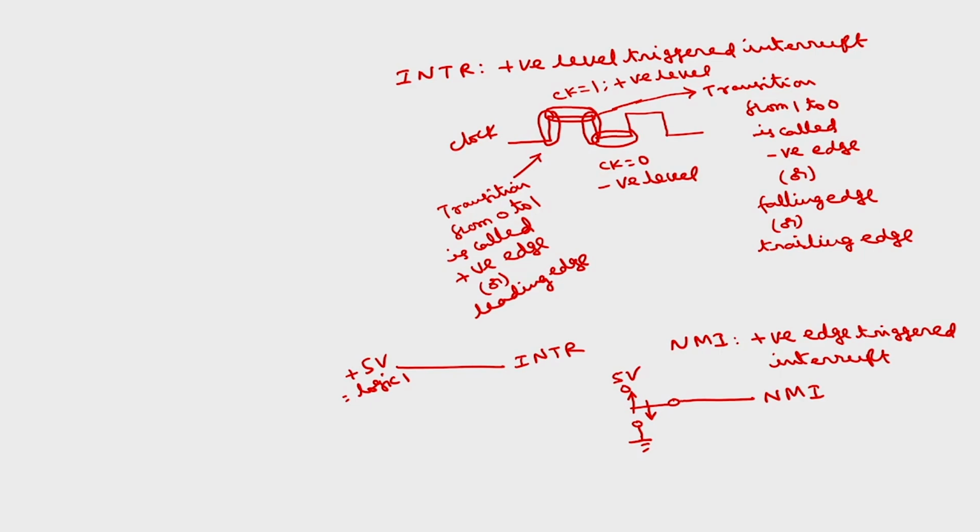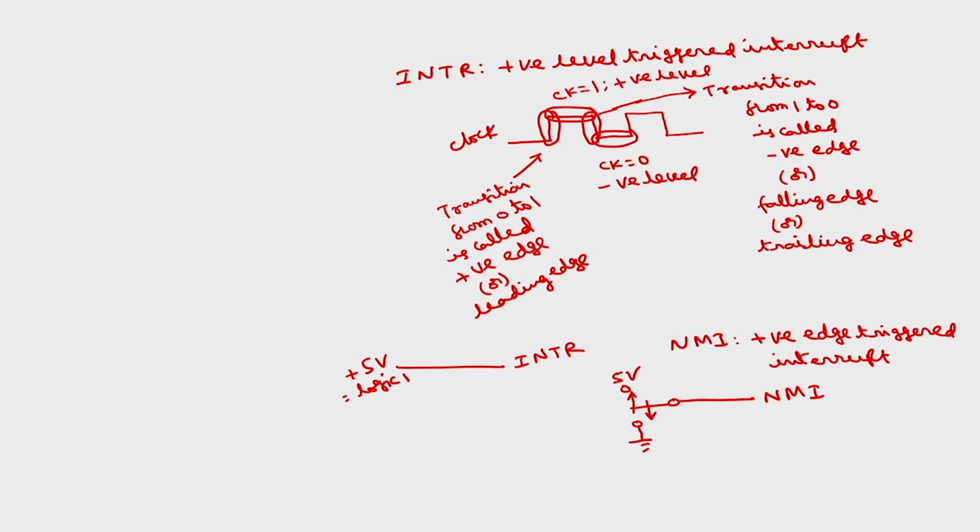Whereas INTR is positive level. If I make simply plus 5 volts here, INTR will be enabled. So, these are the two hardware interrupts, INTR and NMI, in 8086. INTR is positive level triggered, NMI is positive edge triggered. This is one difference. Another difference is INTR can be masked, NMI cannot be masked.